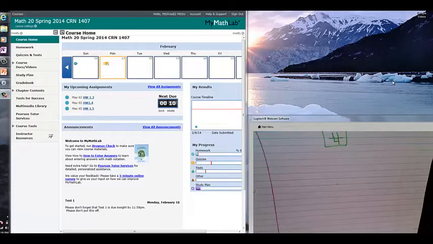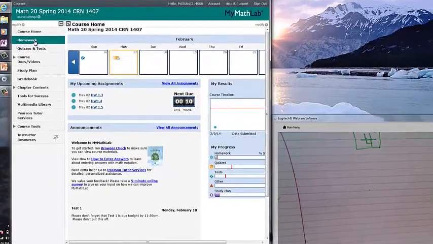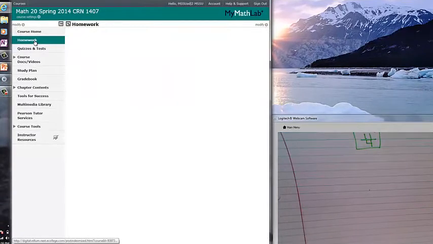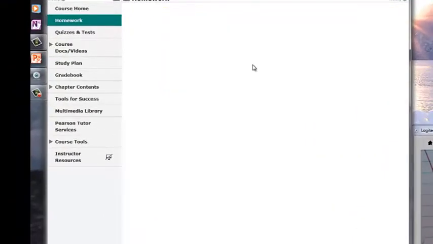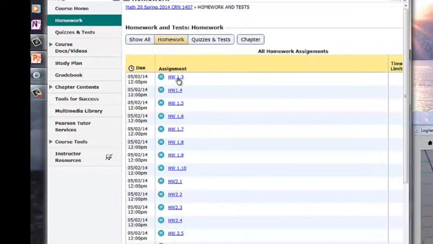Okay, now let's work some of your homework problems. If you get online and get on your Course Compass site, it's going to look something like this. So what you want to do is click your homework button, and once it loads up, which may take a minute, continue. What you're going to do is click homework 1.3.